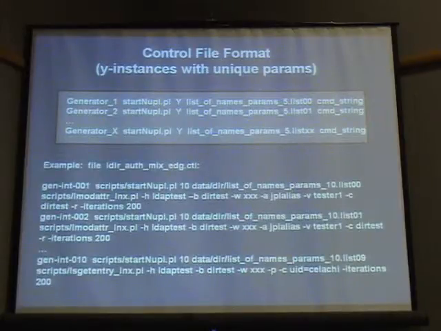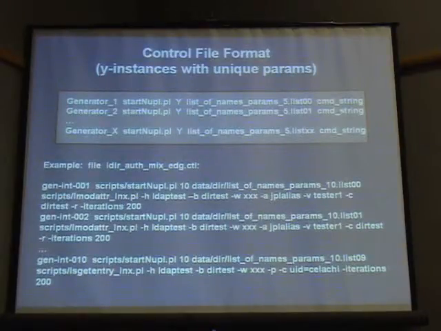And here's an example. Again, these paths here for these scripts are relative to the home directory. In this case, we're going to start 10 instances of the load script. We're using this names parameters list that has 10 entries in it. And we'll start up this script, load.editor_linux.pl.